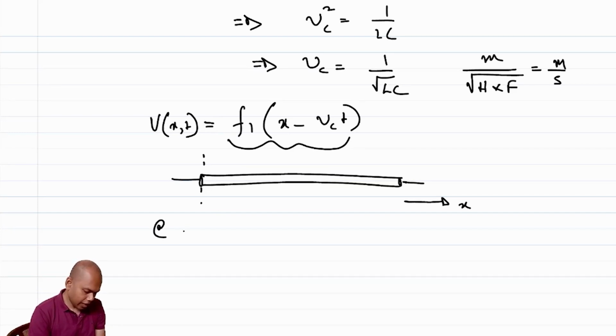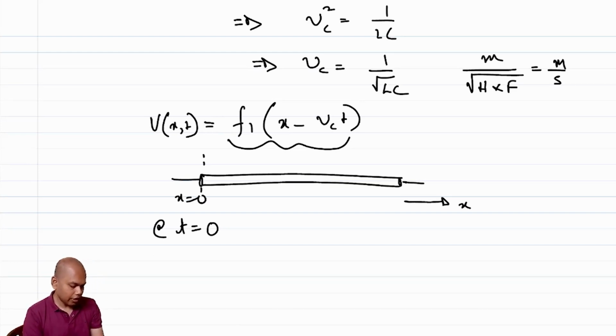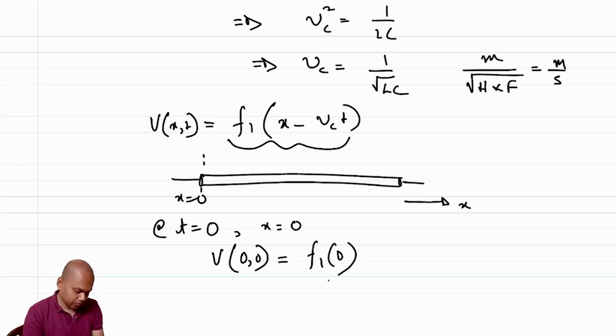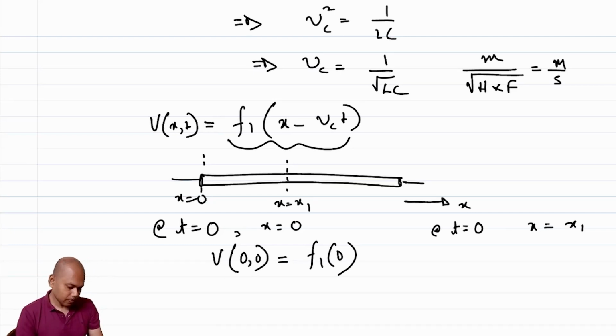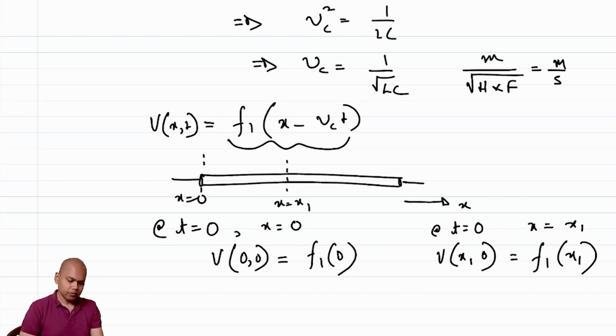So let's say at t equal to 0, x equal to 0, I get v of 0 comma 0 equal to f1 of 0, right? And let's say at t equal to 0, x equal to x1, right? So let's say this is x1. What do we get? v of x1 comma 0 is equal to f1 of x1. Fine.